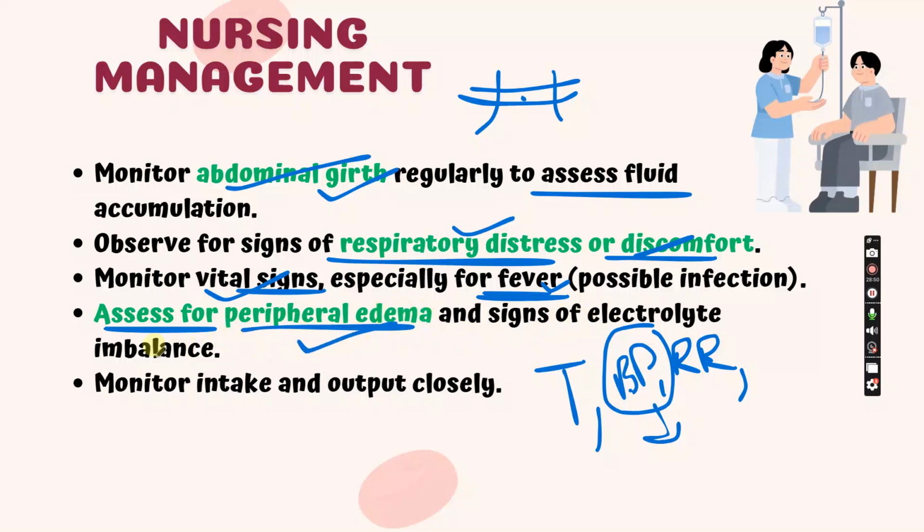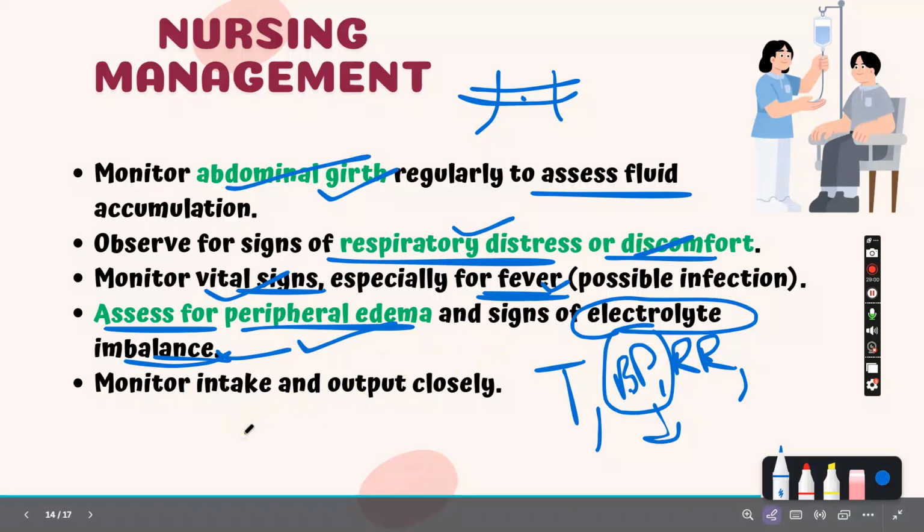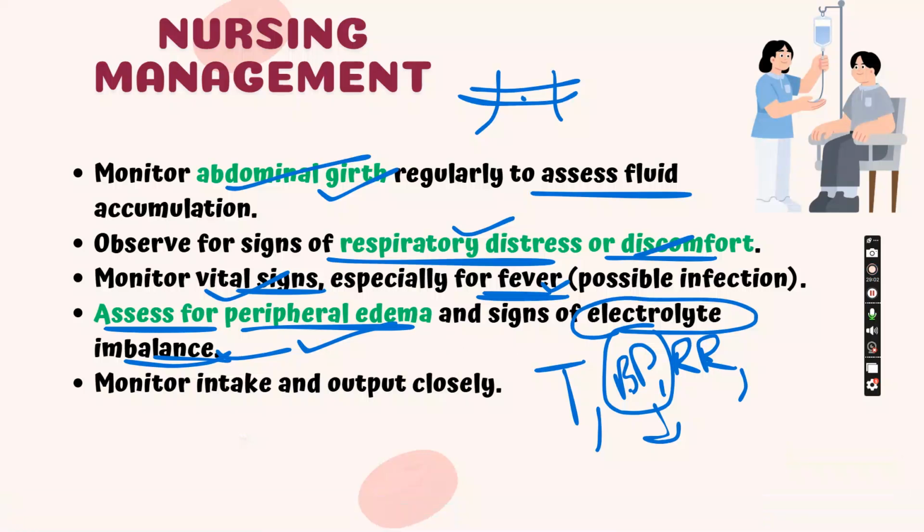These are signs of electrolyte imbalance. Whenever a patient suffers from electrolyte imbalance, you have to address it immediately, because any imbalance in any of the electrolytes can eventually lead to cardiovascular complications.